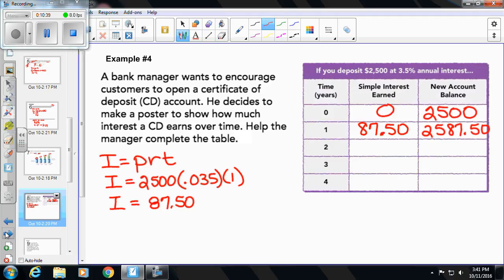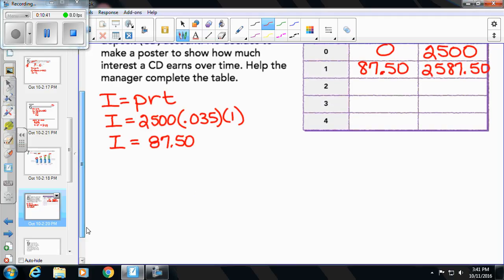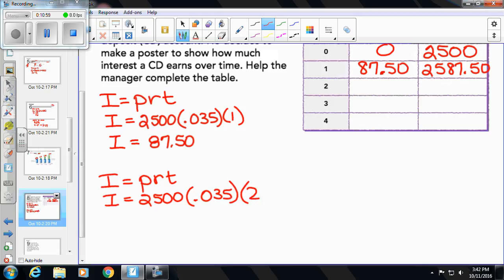For year 2, I'm going to slide this down. My principal is still $2,500. My rate is still 0.035. My time is now 2. When I do the arithmetic, I get $175.